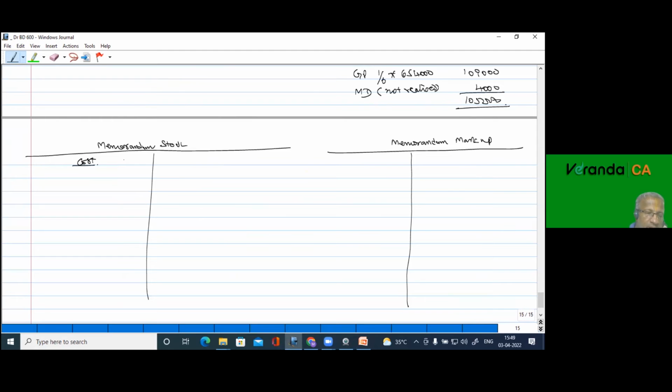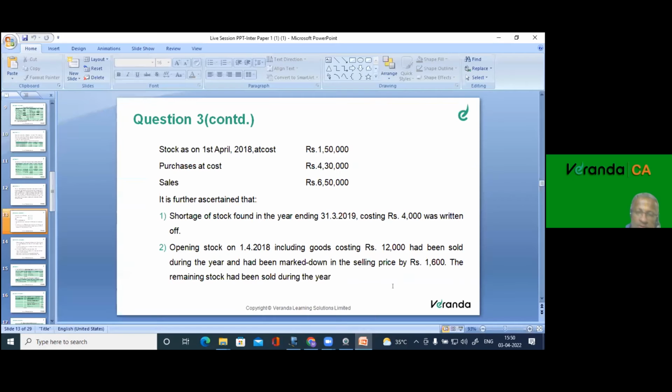Cost and so actually this is very important. Cost is only to track. To balance per account 1,50,000. So what is the rate of markup?